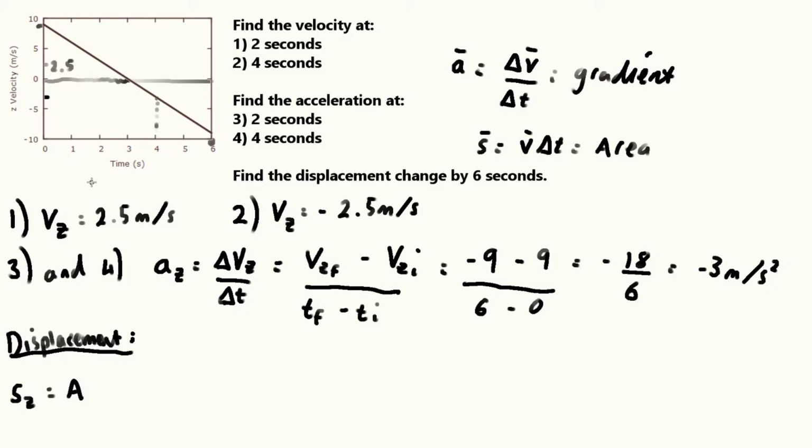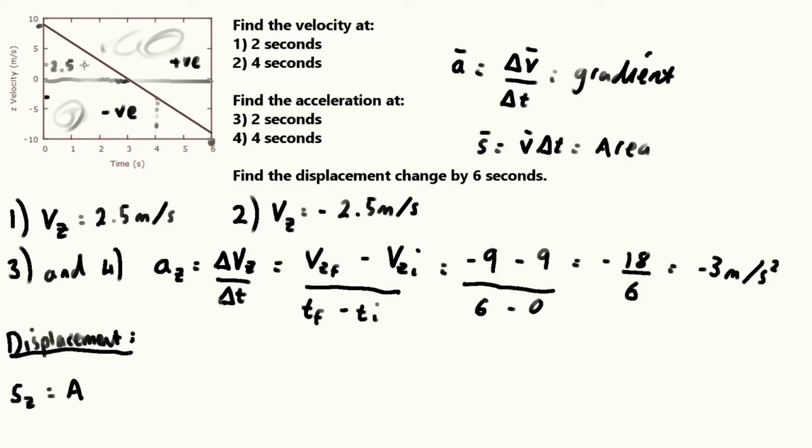When working out areas with negative values, everything above the 0 velocity line is a positive area, and anything below the 0 velocity line is a negative area. Therefore, we're going to split this question into two.